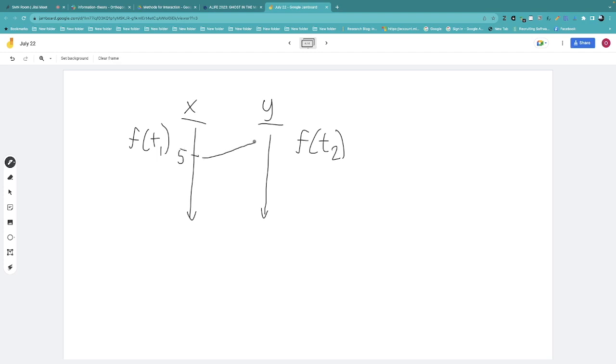Then you introduce a lag in Y of 5. That means you're looking at the first point in Y. The idea is that X has an effect on Y, but it's delayed.